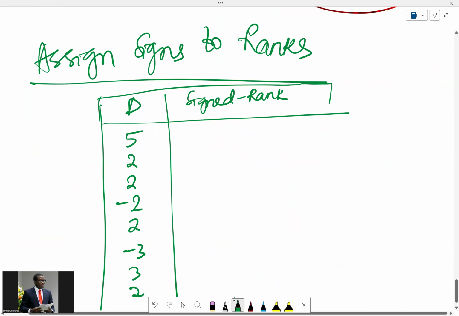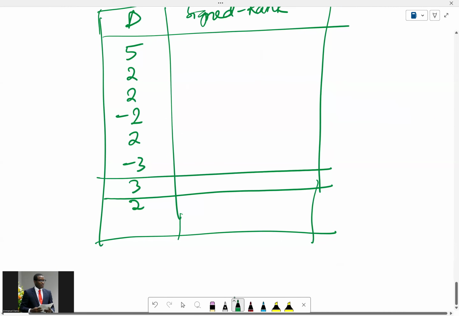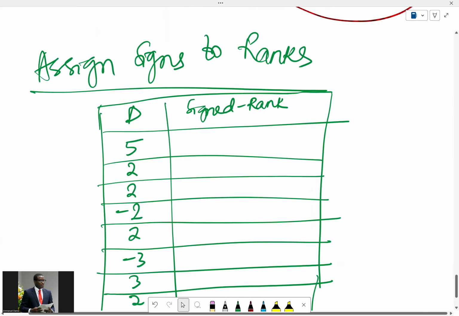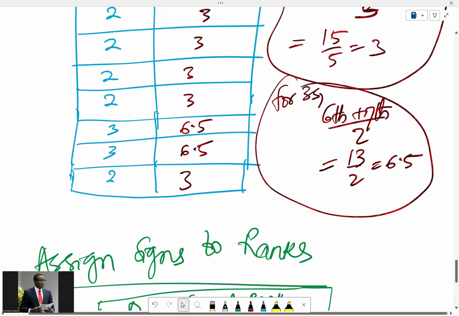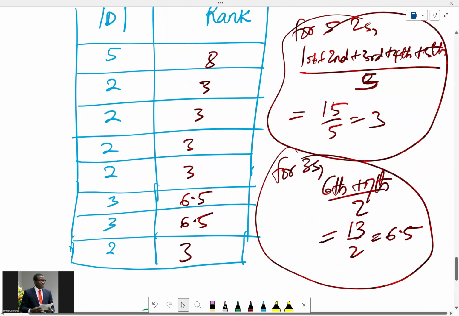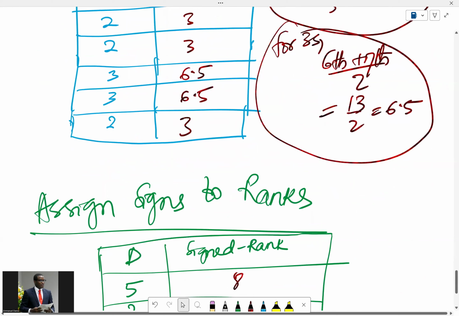So the normal ranks are 8, 3, 3, 3, 3. That's 8 and 4 threes.